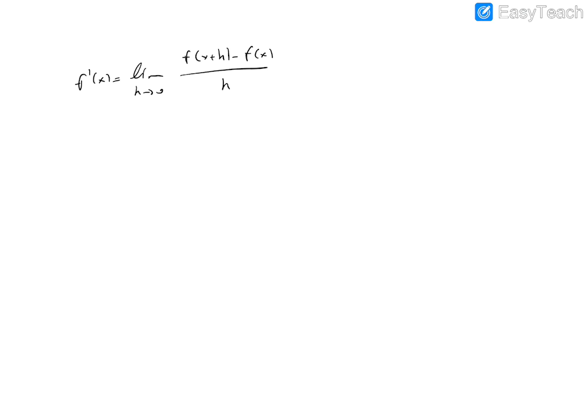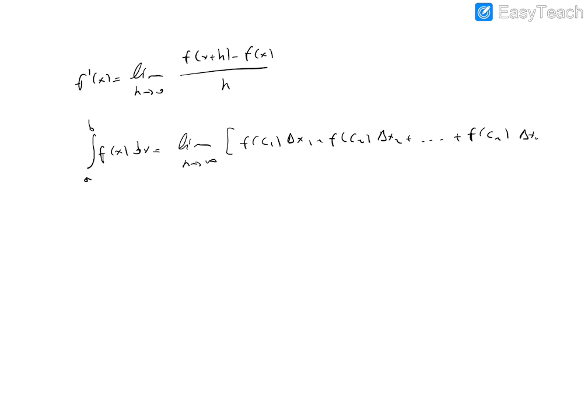Similarly, for evaluating a definite integral with the use of the definition, we gave the Riemann sum. This integral equals the limit as n goes to infinity of f of c1 delta x1 plus f of c2 delta x2 plus and so on, up to f of cn delta xn.